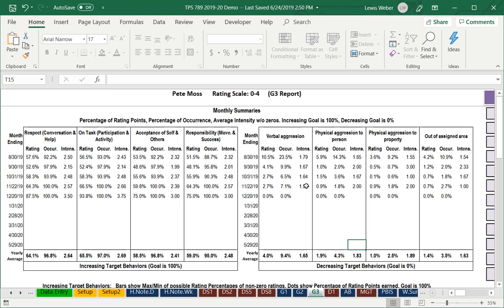Okay, now one of the important things to keep in mind is that sometimes, particularly with these decreasing target behaviors, the rating percentage is going to be rather low because the student in certain cases will only infrequently be exhibiting the target behavior. Let's look at physical aggression to person.